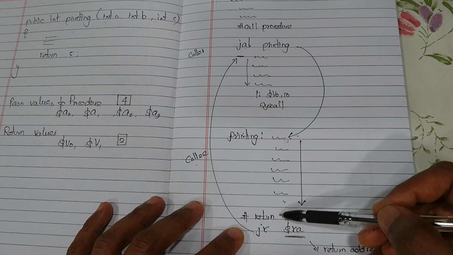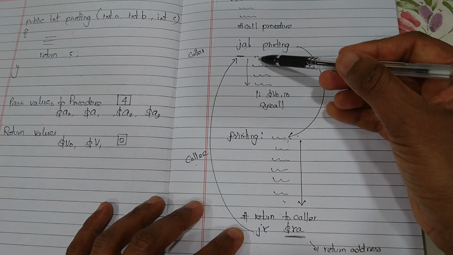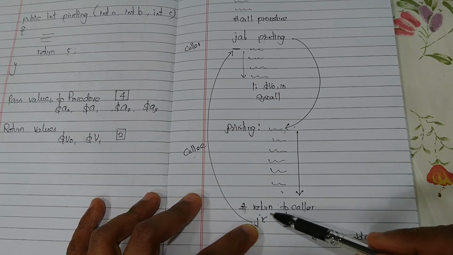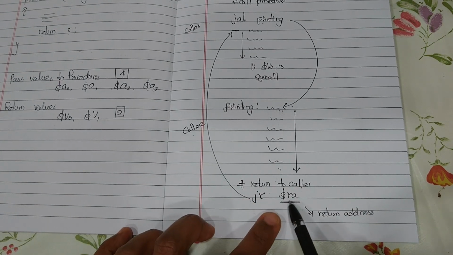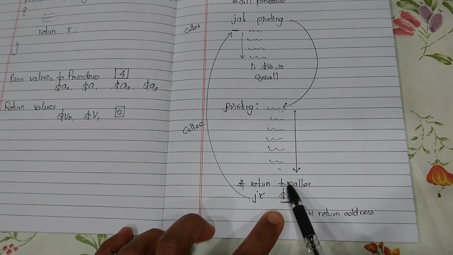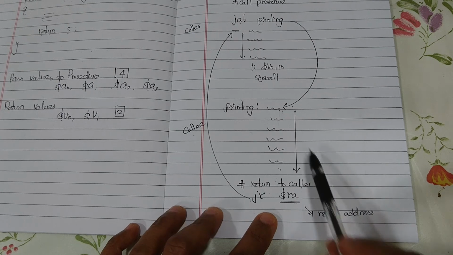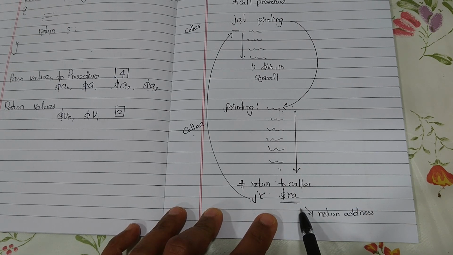MIPS will start to execute the procedure. Now, after finishing the procedure, I want to return to the caller. How to return? You need to write an instruction called jump register RA. This register RA contains the return address. That means where to go back after finishing the procedure. That is the address of the caller, the origin.